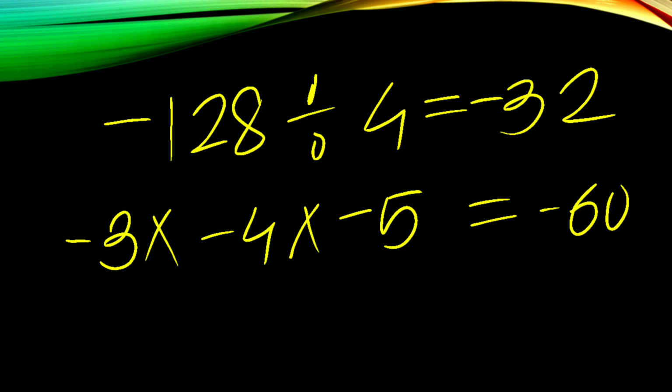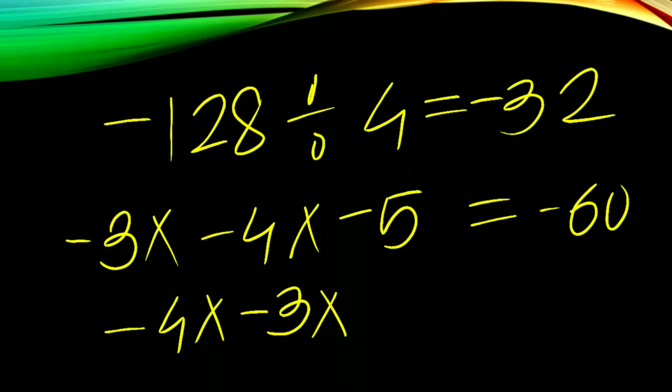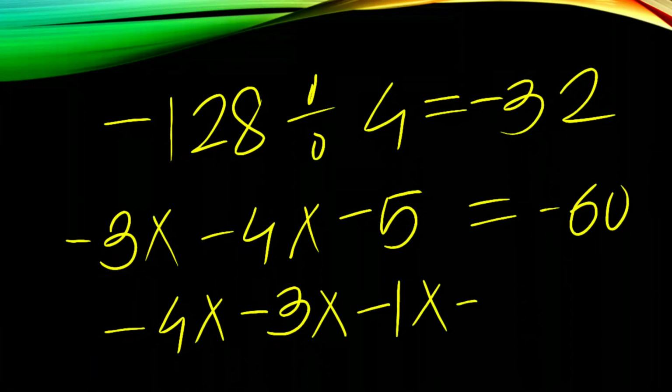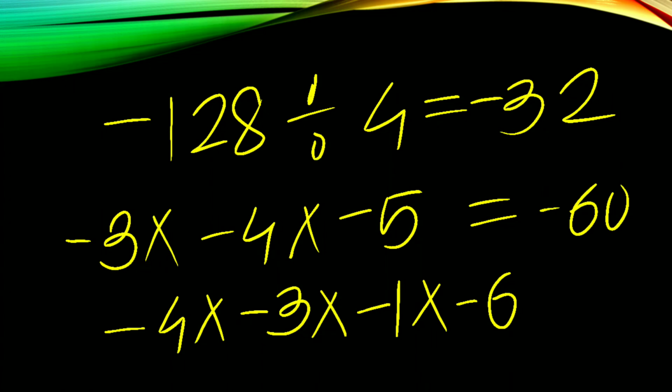The last example of this video: minus 4 multiplied by minus 3 multiplied by minus 1 multiplied by minus 6. Now do the multiplication. Check the signs. The minus sign is repeated an even number of times, meaning 1, 2, 3 and 4 times.